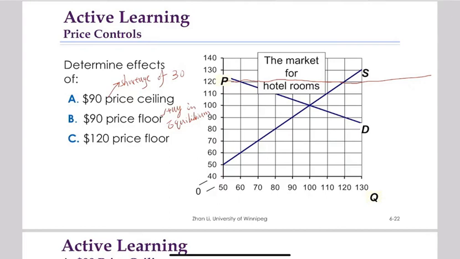So in this case, the market price will be equal to 120, and then we would see a surplus. So we would see a surplus of how many units? The quantity supplied would be 120, and quantity demanded would be 60. So we would see a surplus of 60.